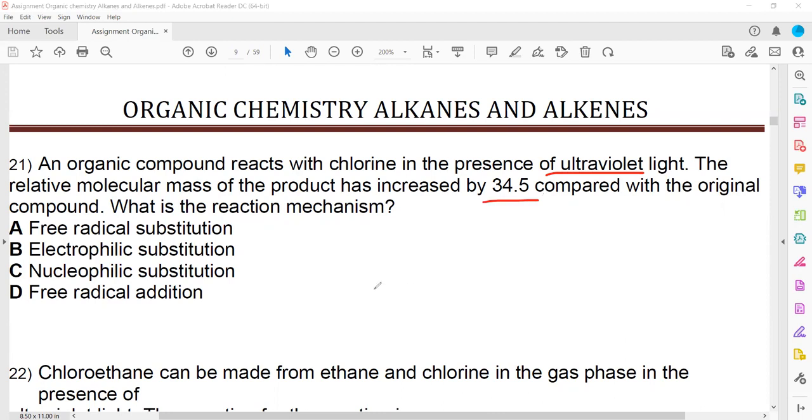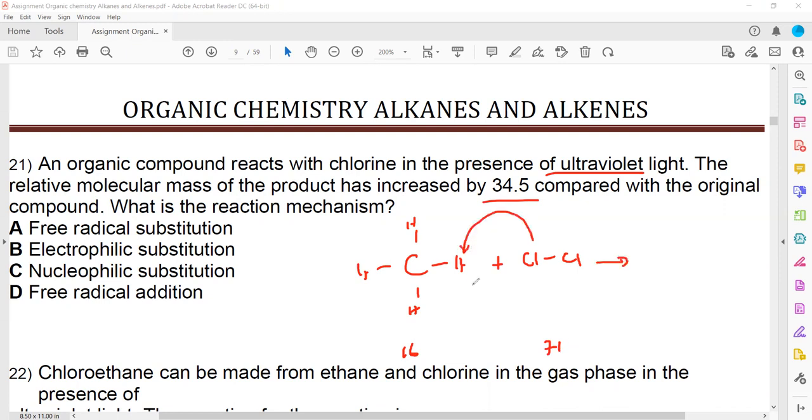Why does the mass increase? For example, if I give an example, we have methane and it reacted with chlorine. Methane: carbon is 12 and 4 hydrogen, so total 16. And chlorine, 35.5 times 2, so this is 71.